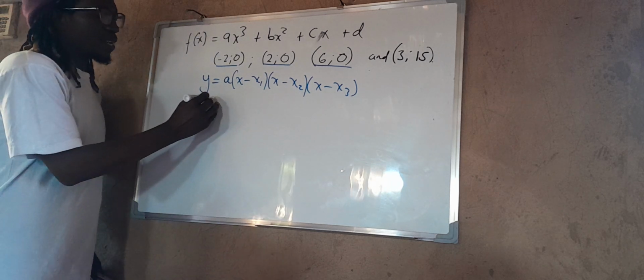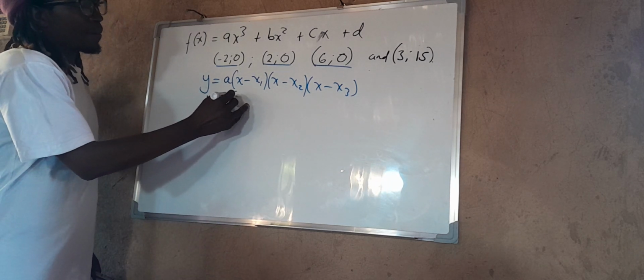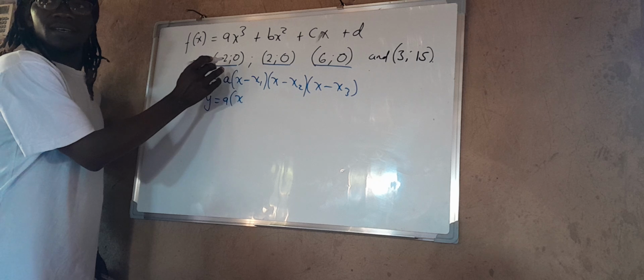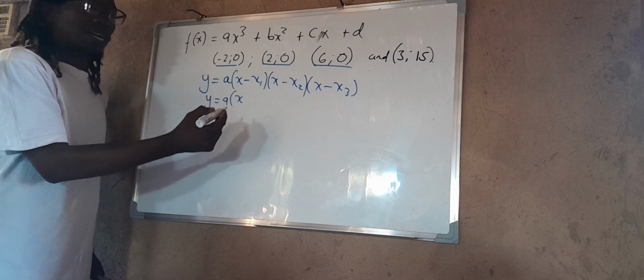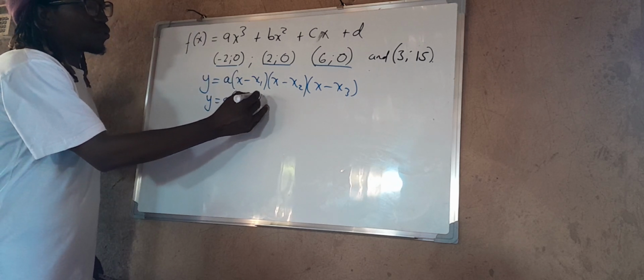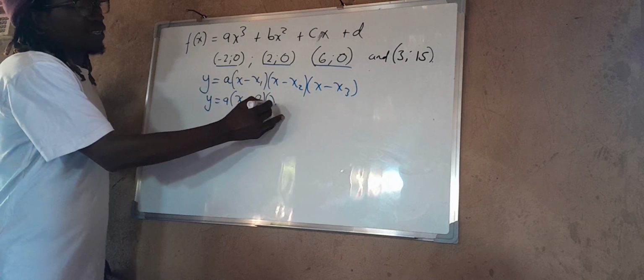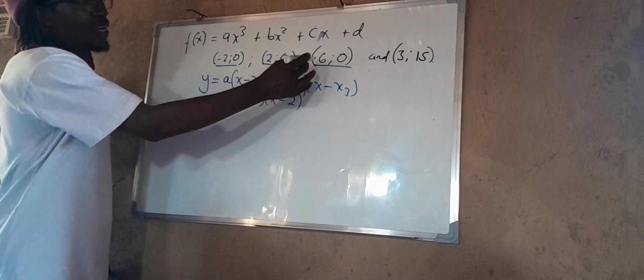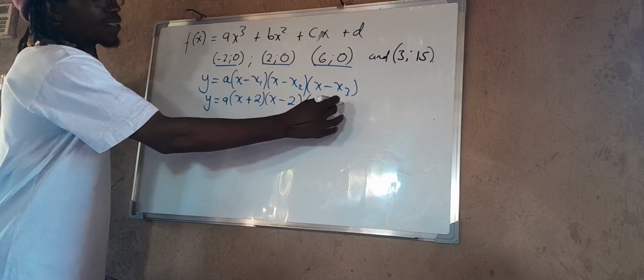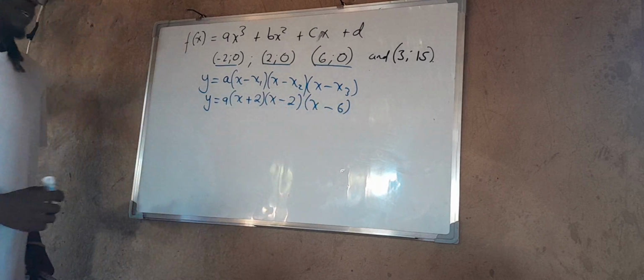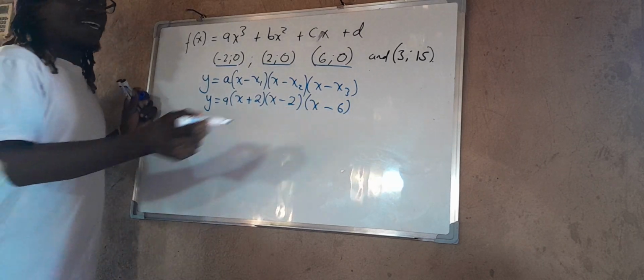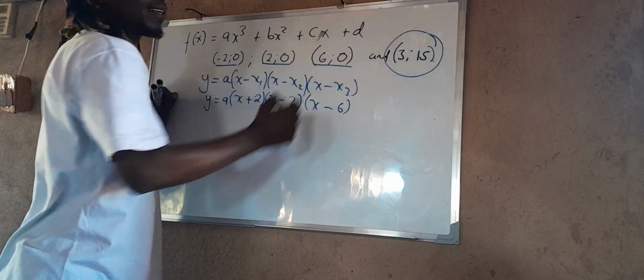So y equals a(x + 2)(x - 2)(x - 6), right? And then we have an additional point.